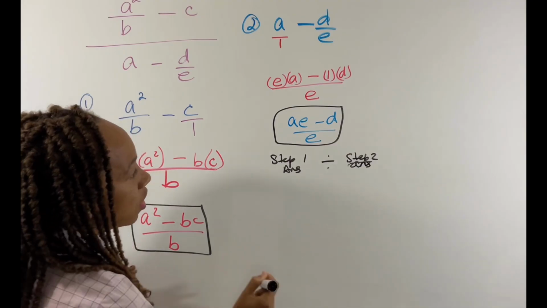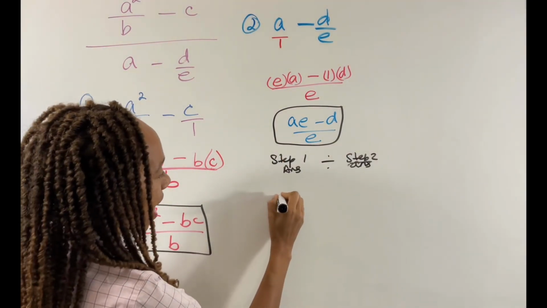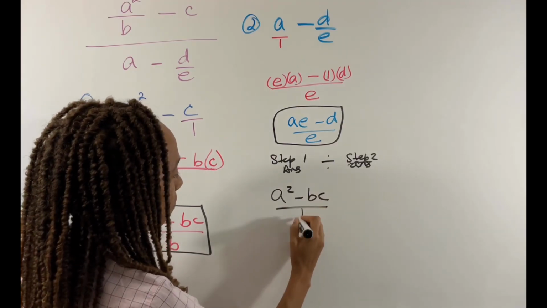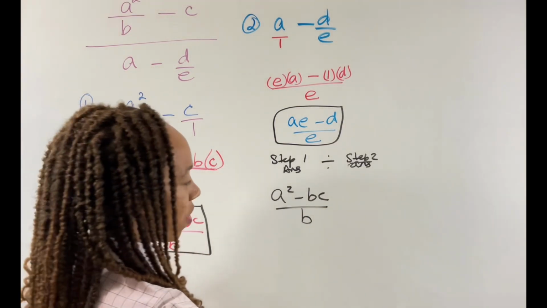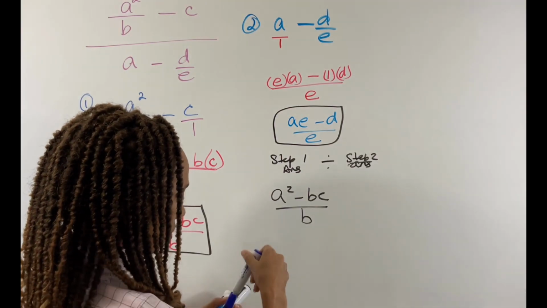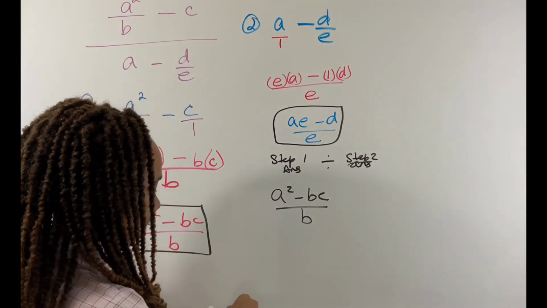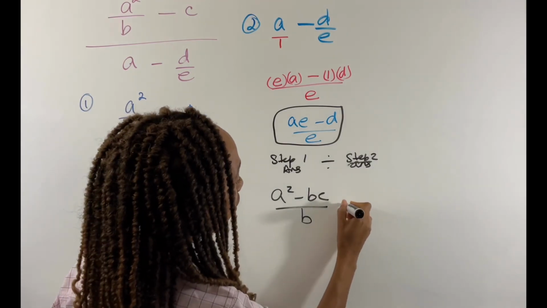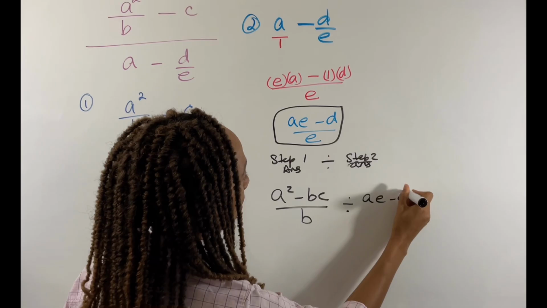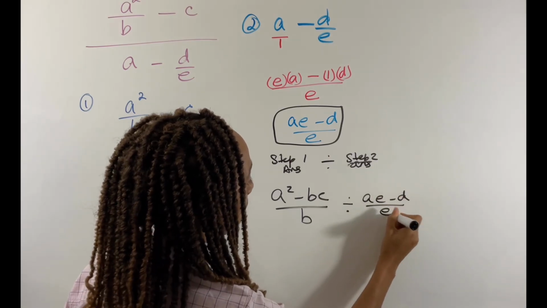Alright? So now we have step 1, which was a squared minus bc over b. And then what we are going to do, we are going to multiply that bc, and this is going to be divided by ae minus d over e.